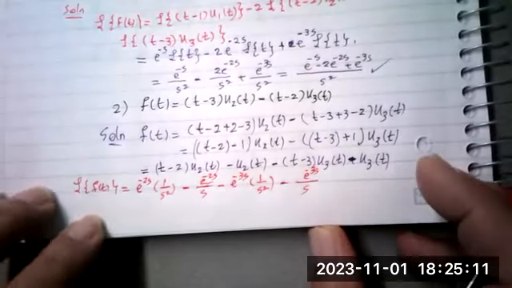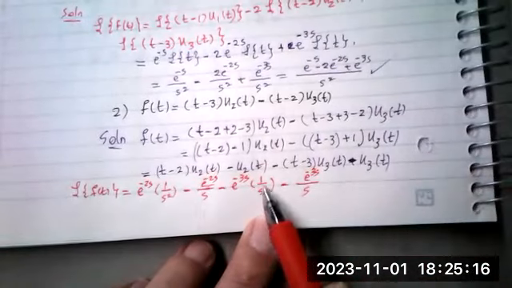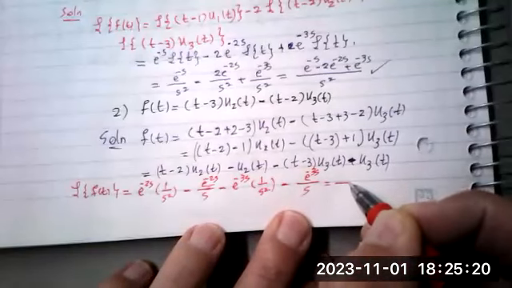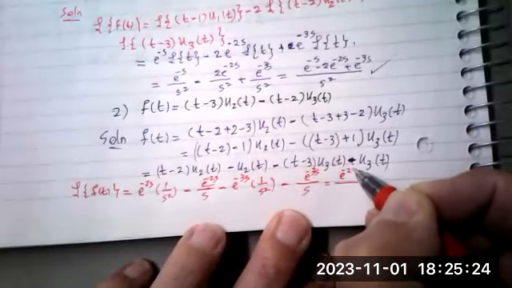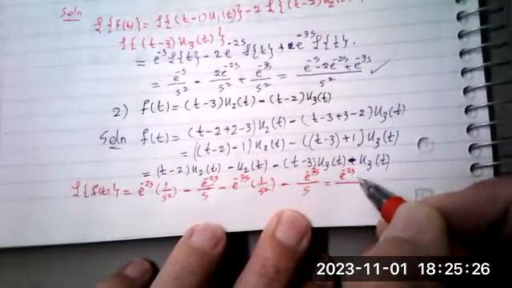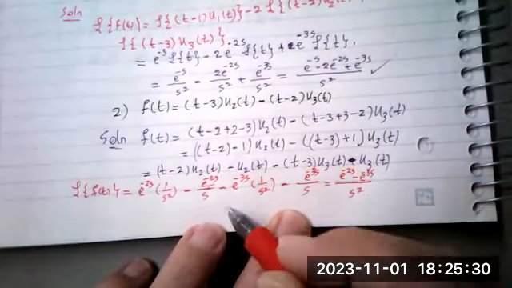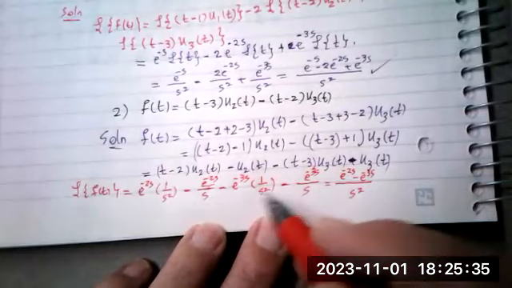Okay, a little bit of simplification, usually, that would be nice. You can leave it, but you can put these s squares together. So you can write e to the negative 2s, e to the negative 2s, e to the negative 3s over s squared. And just put those s's together.